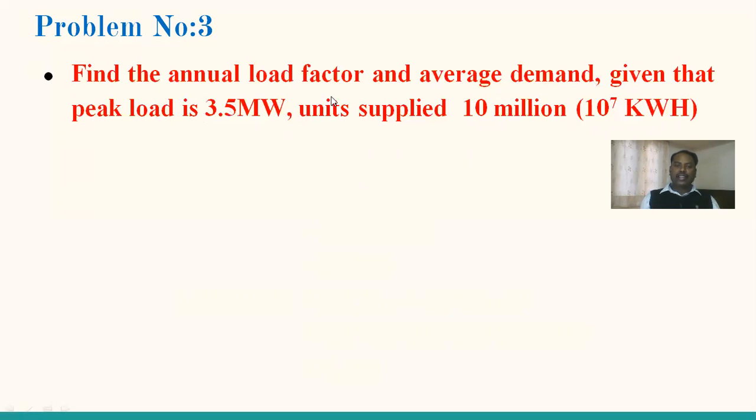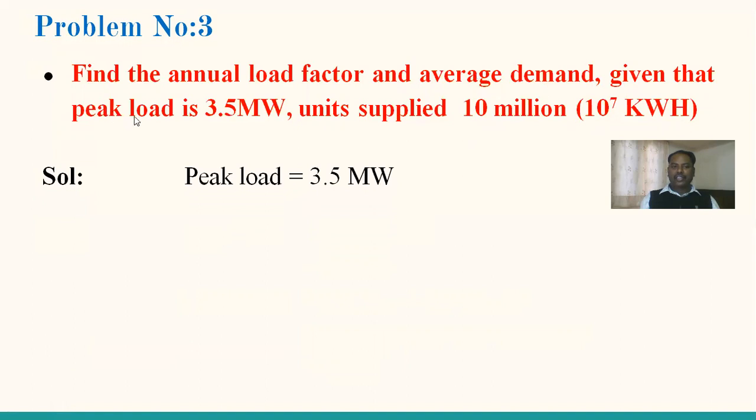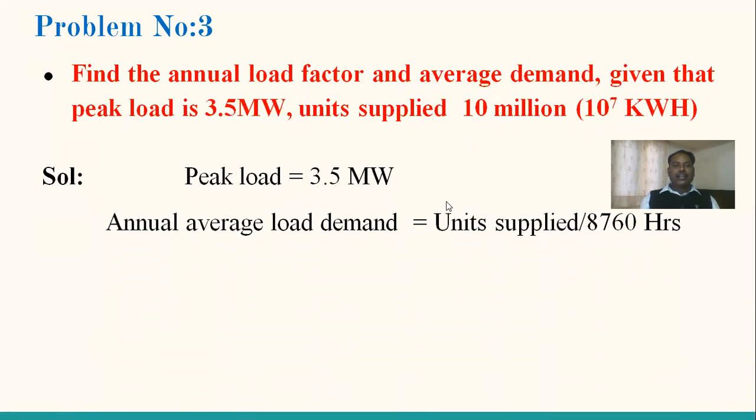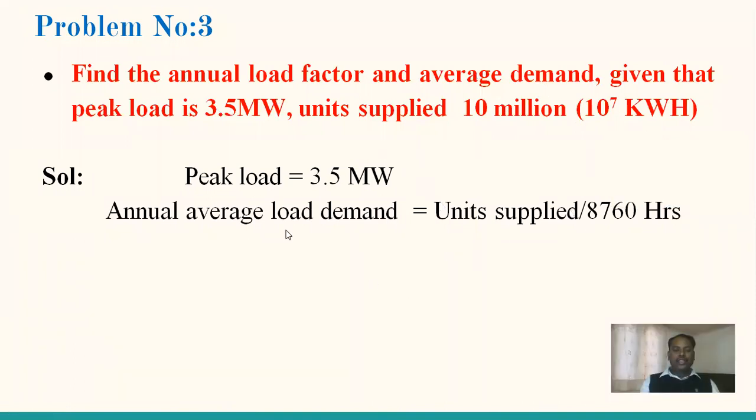Load factor is the ratio of average demand by peak demand. So first you can calculate the average demand. The peak load is already given in the problem, 3.5 megawatts. To calculate the annual average load demand, divide the number of units supplied by 24 into 365, that is the total number of hours per year.